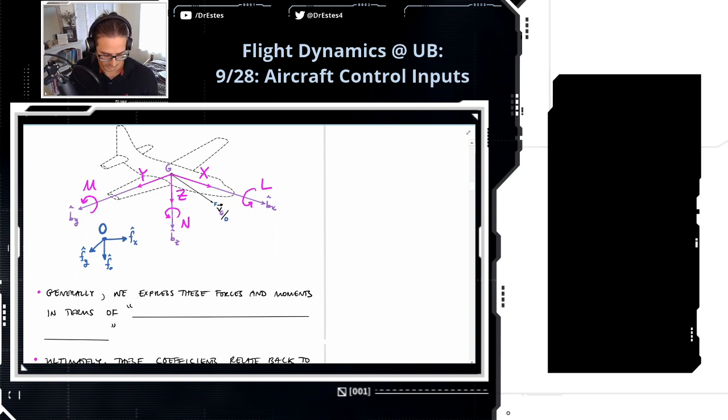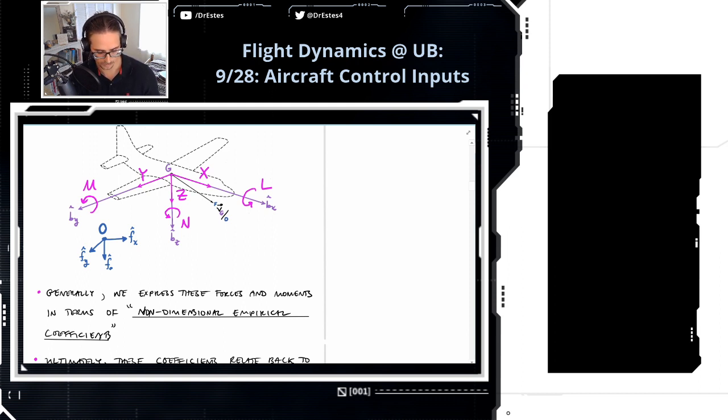So generally, we express these forces and moments shown above in terms of what we call non-dimensional empirical coefficients. And we'll show you these in a second.